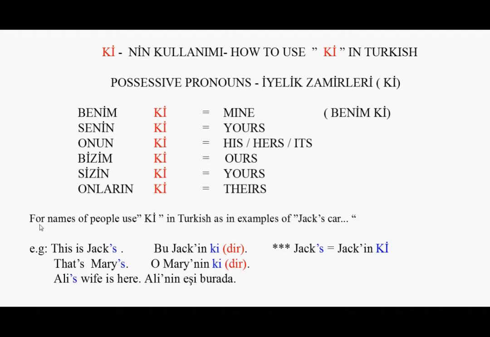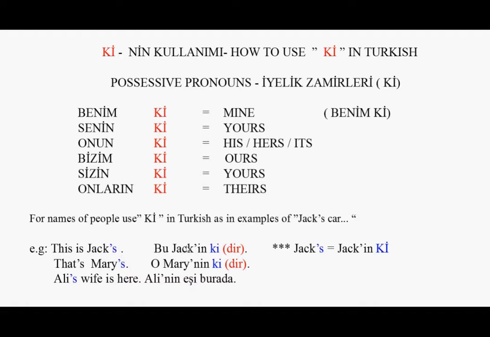Alright, so look, there's a note: names of people use ki in Turkish too, for example, Jack's car. I show you a couple examples here. This is Jack's. When I say this is Jack's, this belongs to Jack, which can be anything, guys. Maybe Jack's car, Jack's pencil, Jack's money, Jack's house, everything possible.